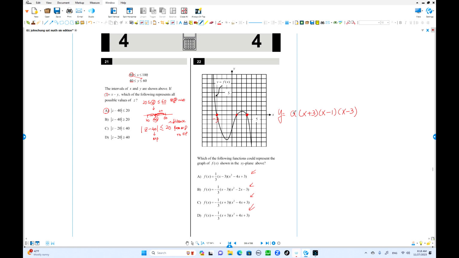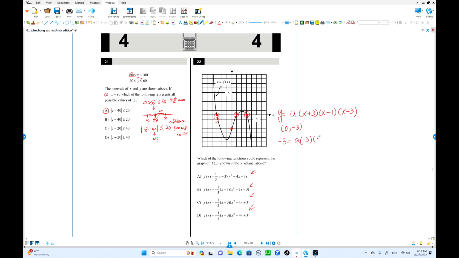How can you find the value of a? We use all these 3 points. Okay? So to find the value of a, we need one additional point. This is better, right? When x equals 0, y equals negative 3. That is the y-intercept. So put this number there, y equals negative 3, a times x equals 0 is what?